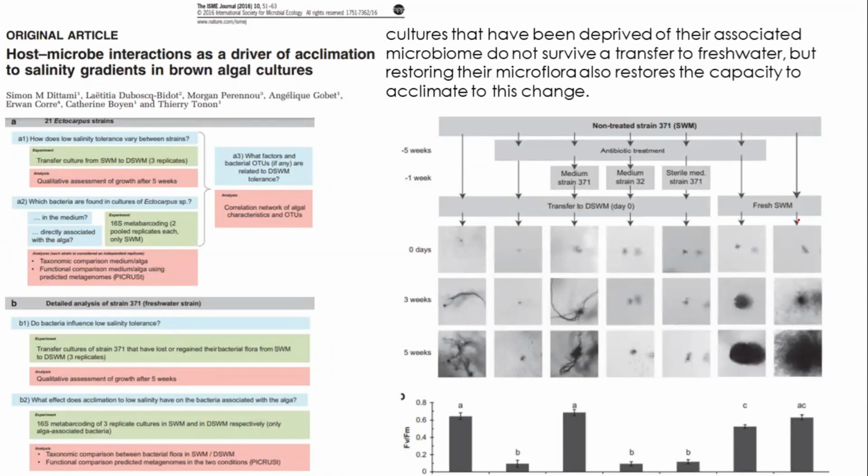If he uses antibiotics and removes those bacteria, then since they are not there, they are not releasing the hormones required by the Ectocarpus in order to grow in the low salinity water or freshwater medium, right?